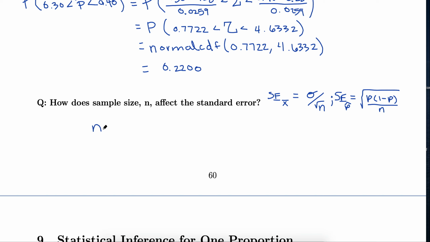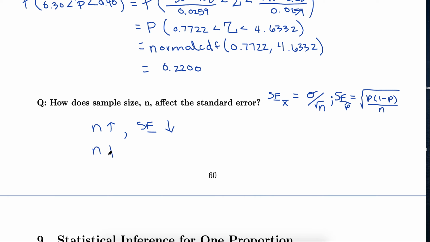So as the sample size gets larger, what do we expect to happen with the variability of our statistic? If n in the denominator gets bigger, we divide something into more pieces, those pieces get smaller. So as n goes up, standard error goes down, and vice versa.